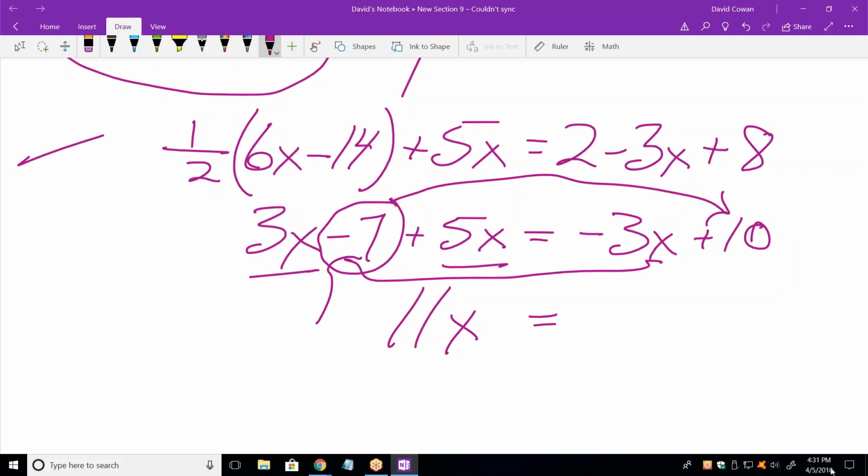We've got to get all our numbers on the right side. So what is the sum total of the numbers on the right side going to be? 17. All right. Now we've got to solve for x. Fraction is fine. You don't reach for your calculator. X is 17 divided by 11.